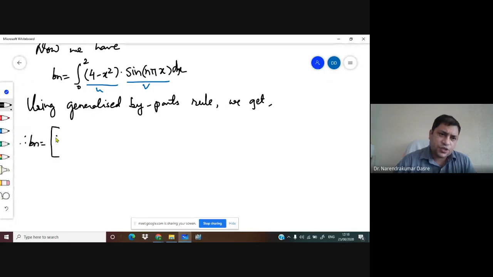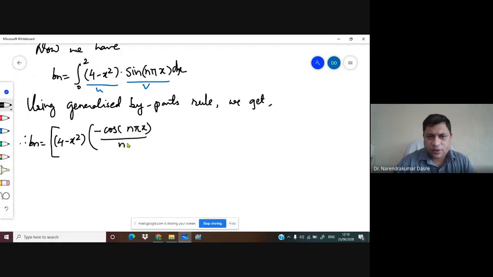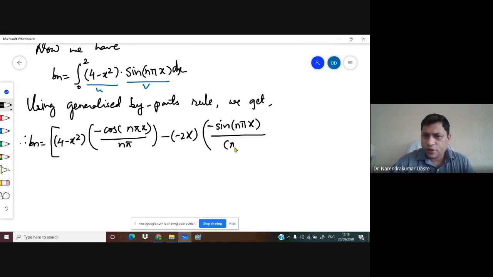we have here this u remains as it is, 4 minus x square, then the integration is minus cos of n pi x upon n pi, plus the derivative is minus 2x, and this is minus sine of n pi x upon n pi bracket square.